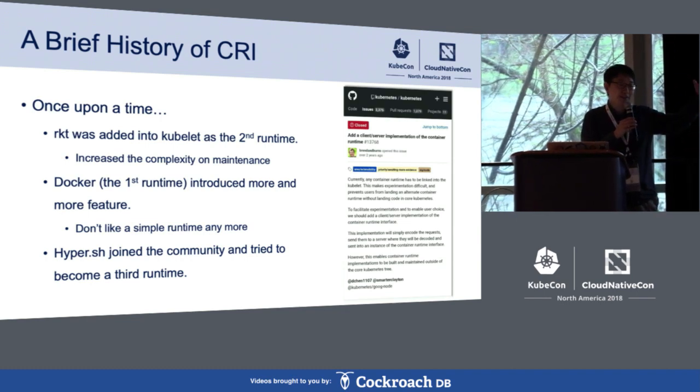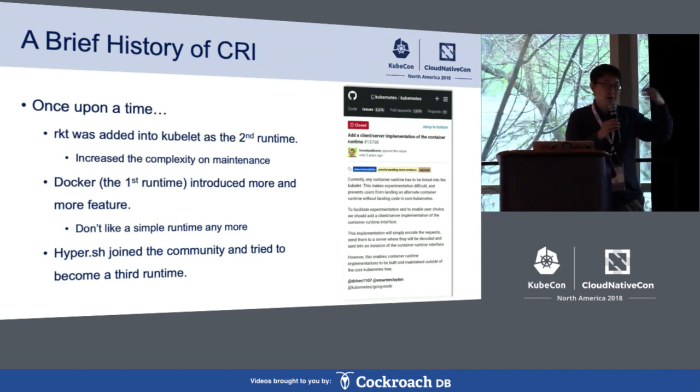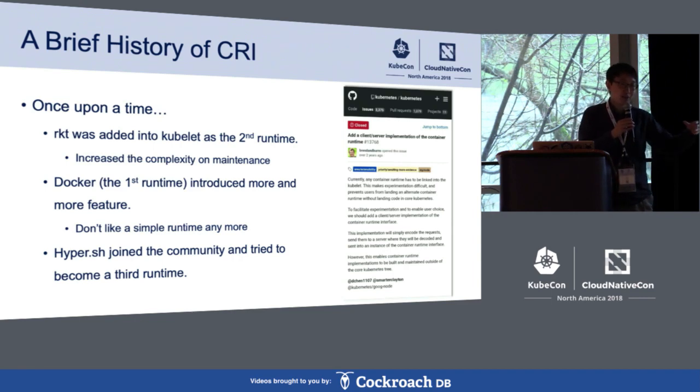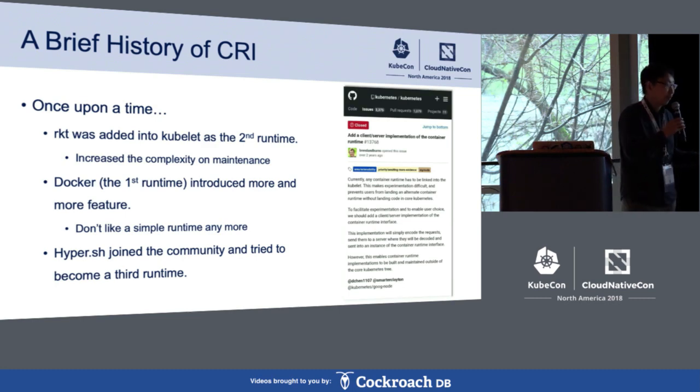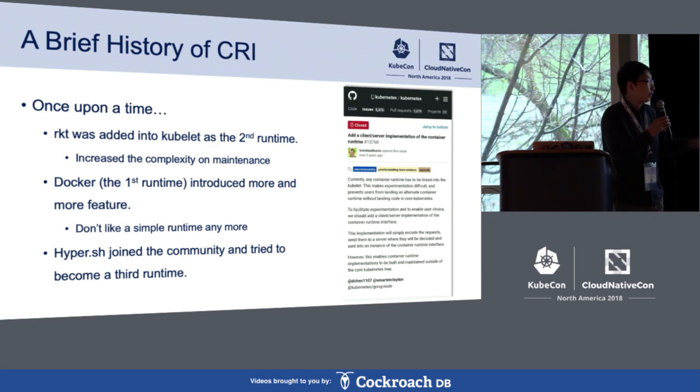So Kubernetes will essentially send a remote call to an underlying server, and this server will be responsible for creating containers for you, calling Docker or Kata or anything that you want, like Rocket. So this is the basic idea of why we want to have this kind of CRI in Kubernetes.